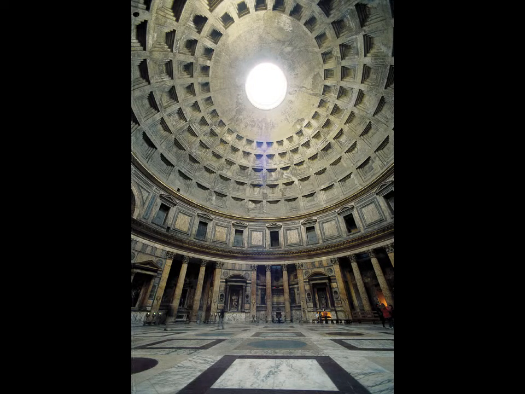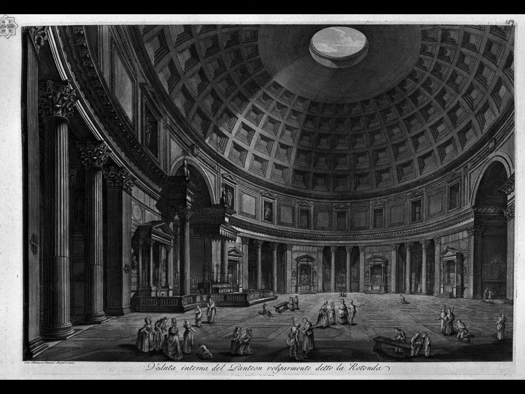Here we see the oculus today and in a more historical representation. Concrete is also what allowed the Romans to be so prolific in their building, to lay down roads. They weren't cutting stone, which of course is incredibly time consuming. And with the addition of lime, this rendered this material stone-like, but lighter and cheaper.